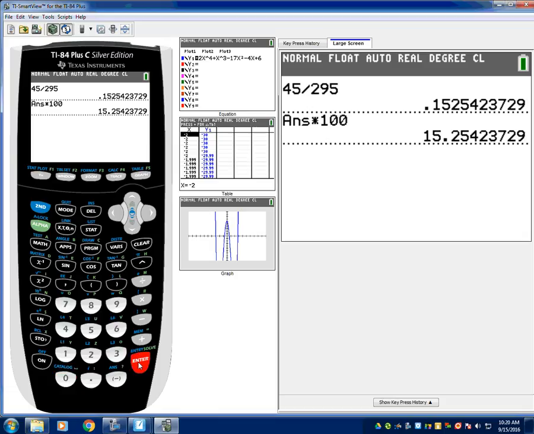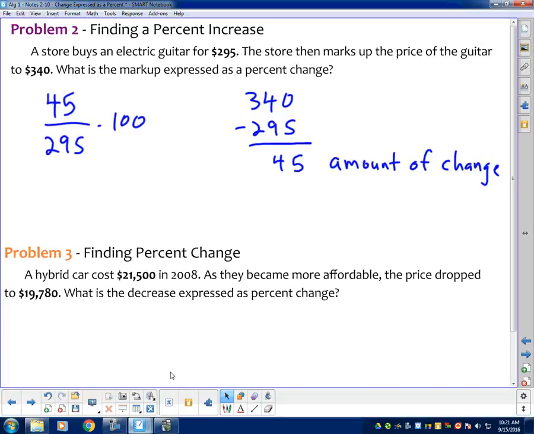I get 15.25%, to the nearest percent that is about 15%. This is what is the markup expressed as a percent change? 15% increase.